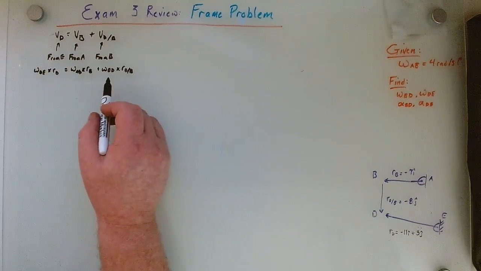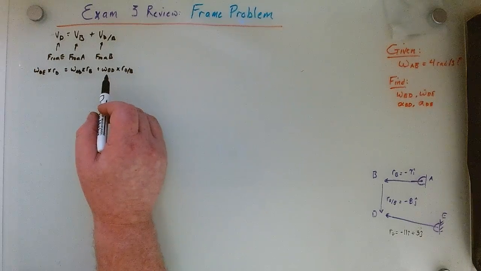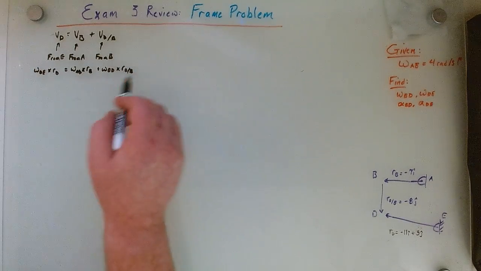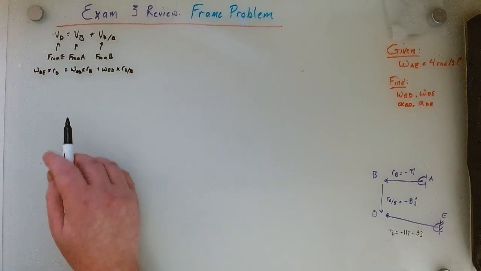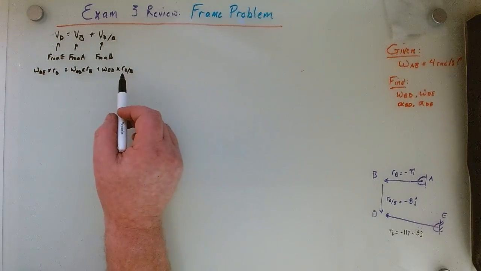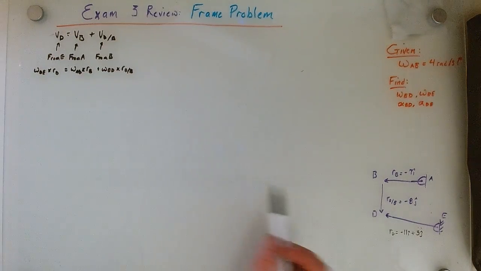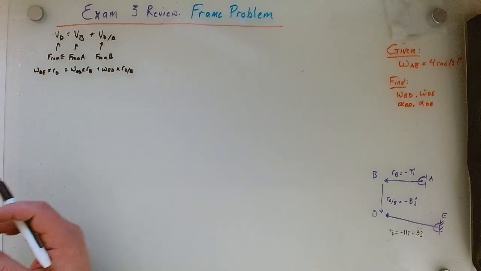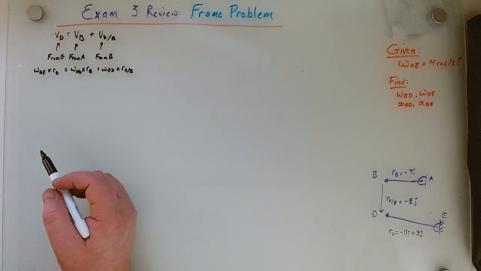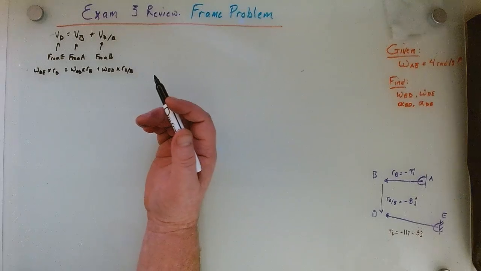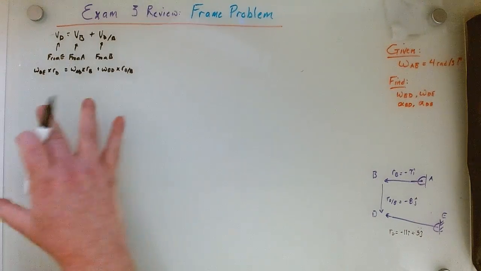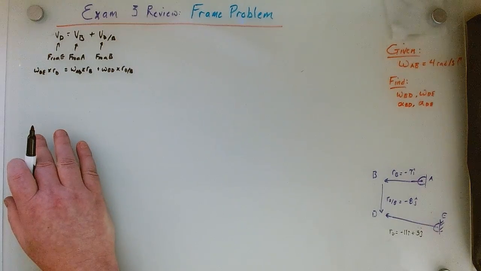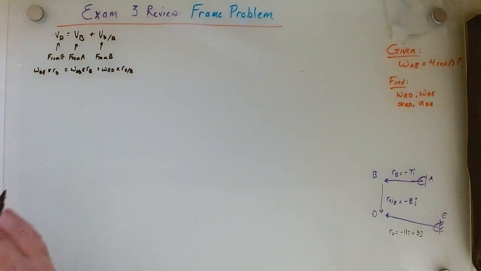So the angular velocity of this component crossed with the position vector from B to D. Because recall, the position vector can be anywhere on there. So, all right. So that is the vector method.